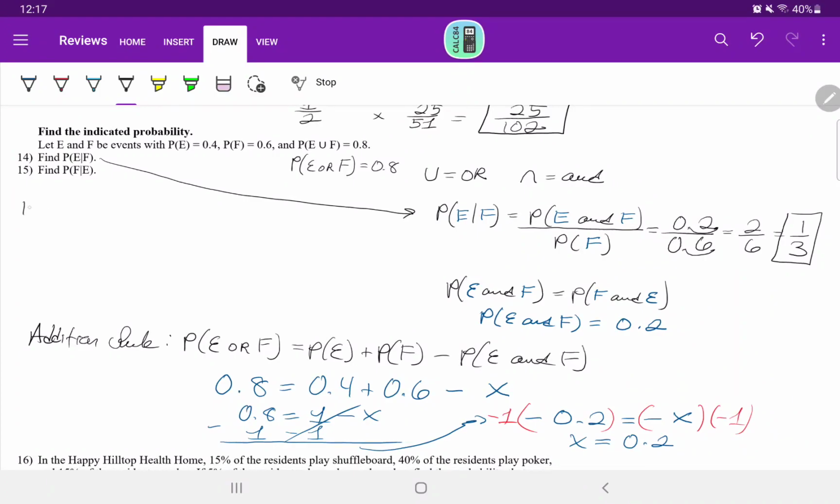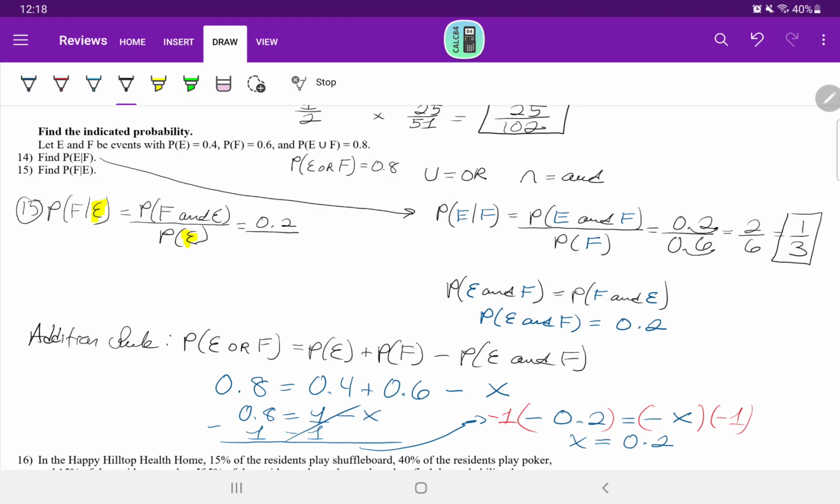For number 15, the probability of F given E. So we're just going to reverse the order of the variables. That's going to equal the probability of F and E divided by the probability of E. Remember, whatever is here goes down there. The probability of F and E is the same thing as saying the probability of E and F. That is going to be 0.2.